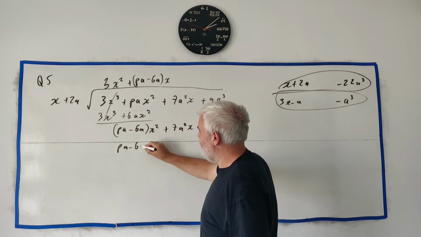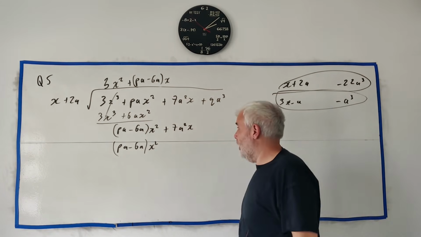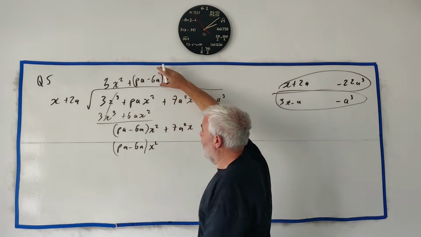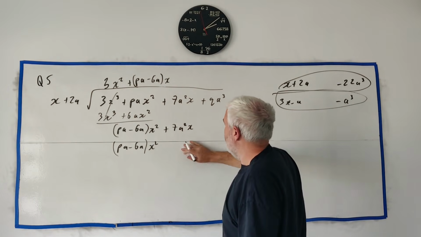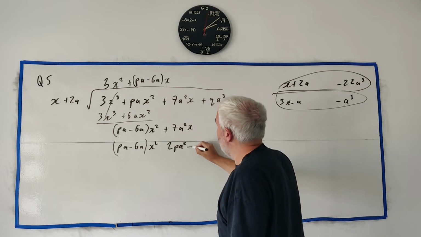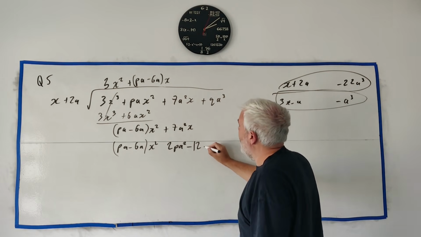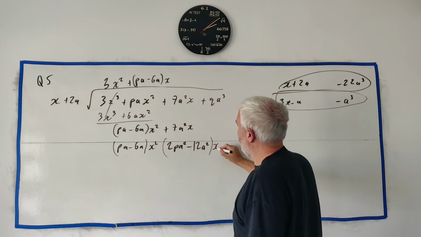I'd save your ink right in this part, to be honest. The important thing is we're multiplying this by 2a and we're putting it underneath this one. So that'll become 2pa squared minus 12a squared multiplied by x.